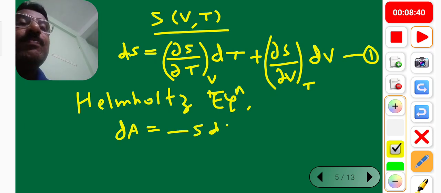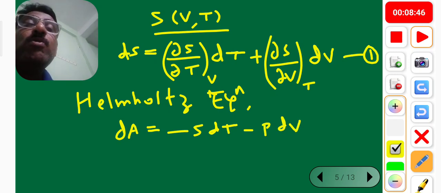minus S into dT minus P into dV. So the Helmholtz energy is given by minus S dT minus P dV.